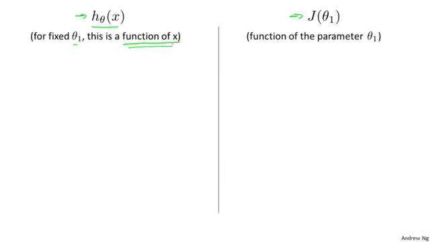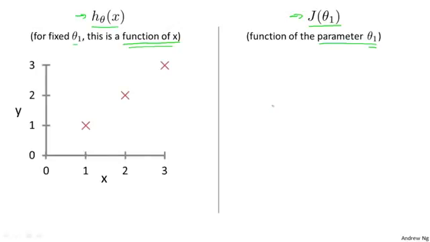So the hypothesis is a function of the size of the house x. In contrast, the cost function J is a function of the parameter theta 1, which controls the slope of the straight line. Let's plot these functions and try to understand them both better.